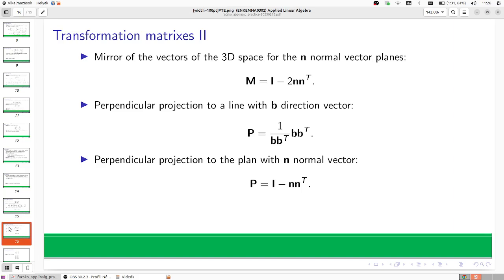I do not need to do any test with vectors. We can understand this. The mirror of all vectors, for example this one, is minus of the identity vector. I hope so. At least I try something.